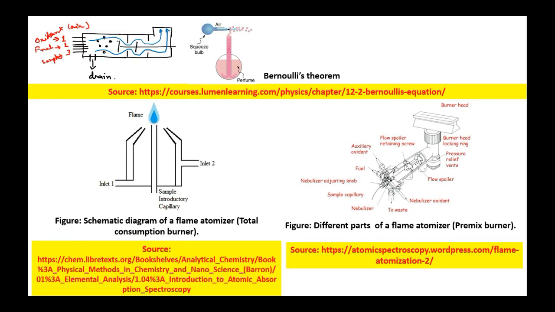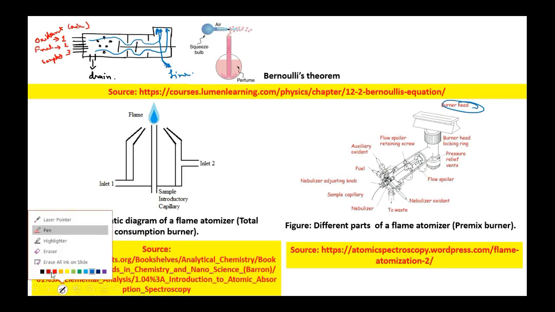So due to this zigzag path, what happens is that the fine mist can gain entry over here. They can gain entry at this burner head. This is the burner head. Over here we are having the burner head. Okay. So over there we will be having the flame like this.